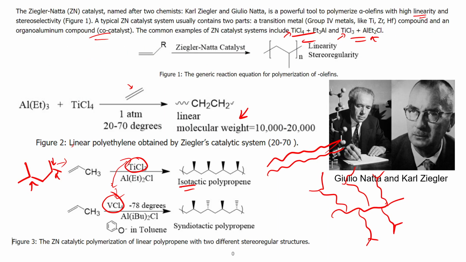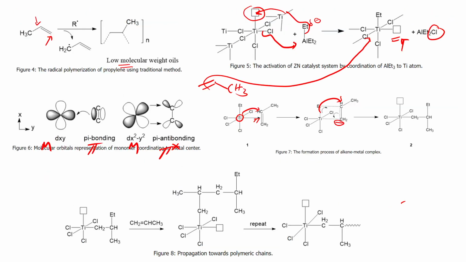After each monomer unit reacts, you end up with this kind of intermediate where only in the terminal position the titanium atom is attached. So that's why this long chain linearity can be easily maintained under this condition.